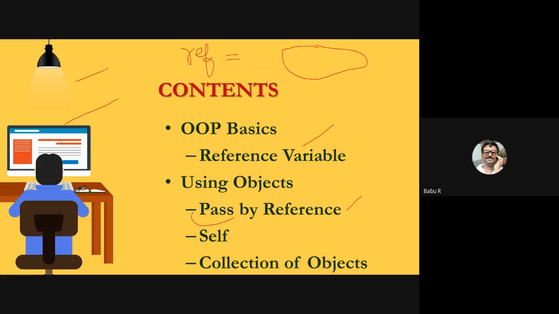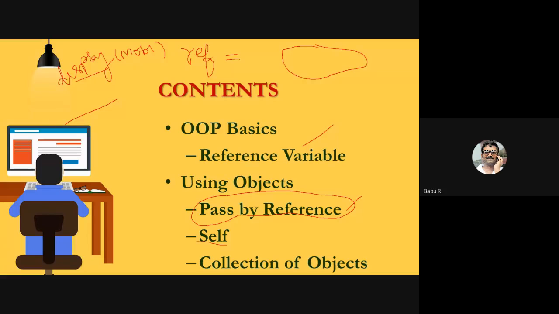That is the point you want to remember for pass by reference. So when I'm passing an object as a reference to a particular function, if I'm making any changes inside this function, that will get reflected even outside the function.